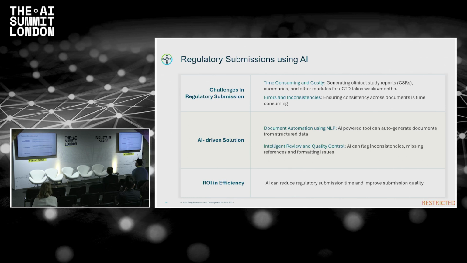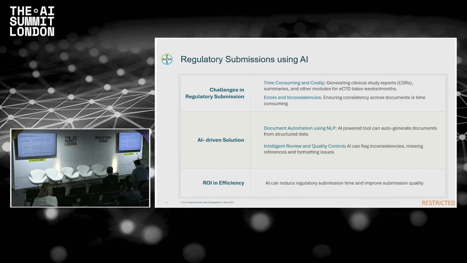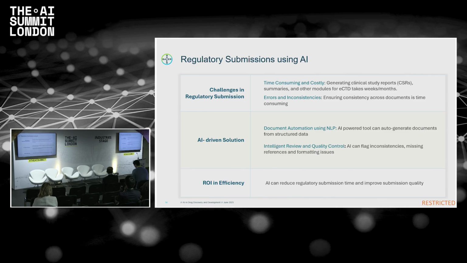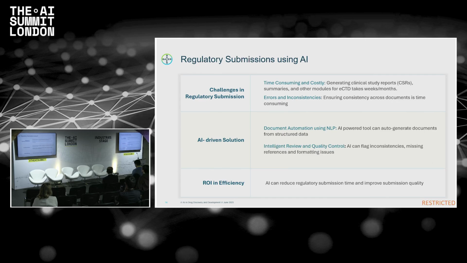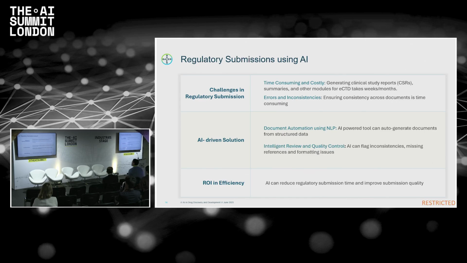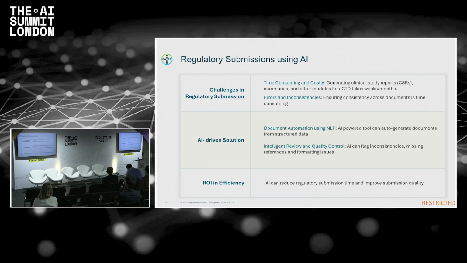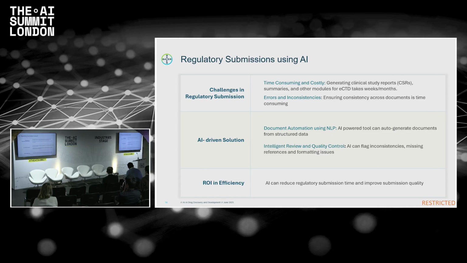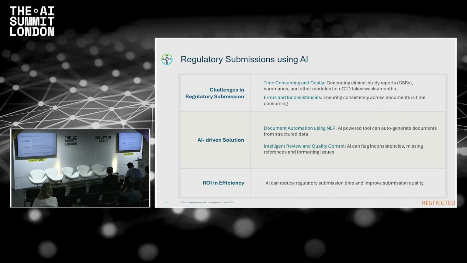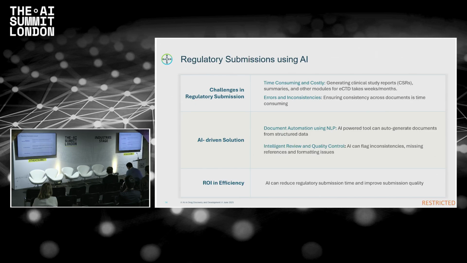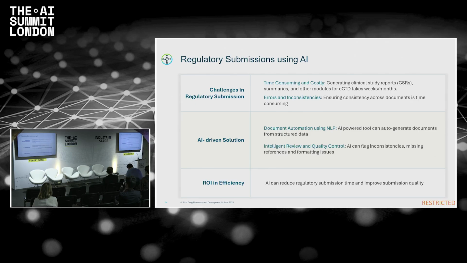So AI is supporting us in consolidating some of this data set. AI is supporting us in checking some of the references. So it's enhancing the overall submission document creation. And last month, the FDA actually introduced AI to review the dossier.